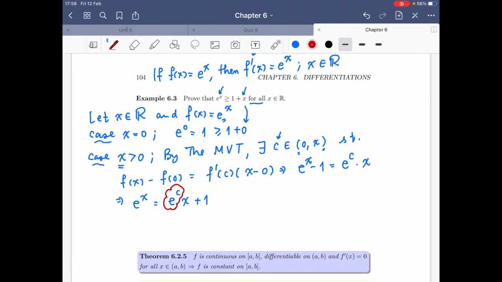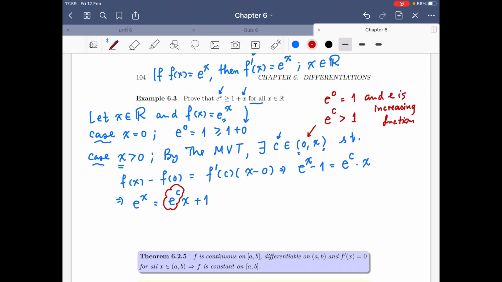However, because your c is positive, then it means that e to the positive number is always greater than 1, because e to the 0 equals 1. So e to the c, your exponential is an increasing function, right?